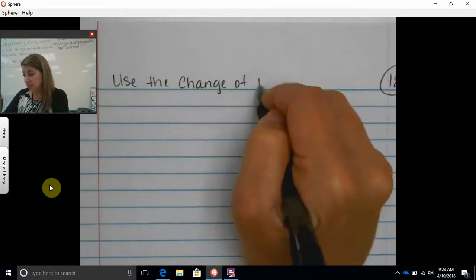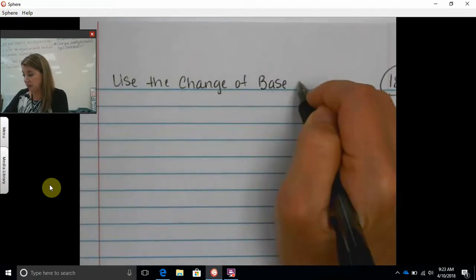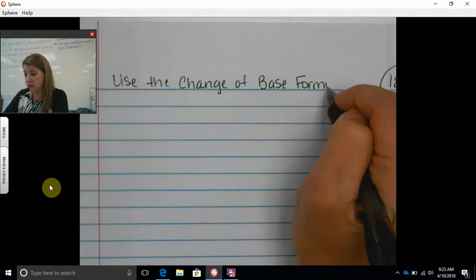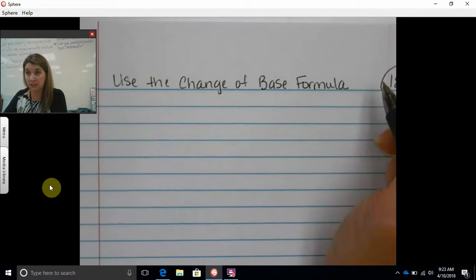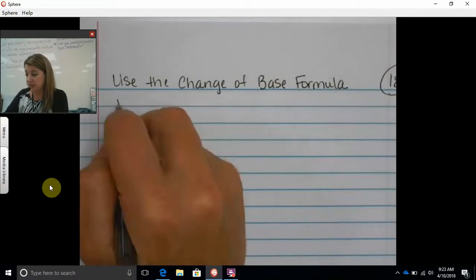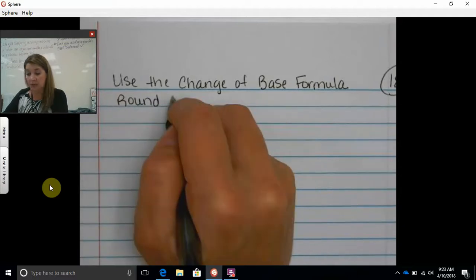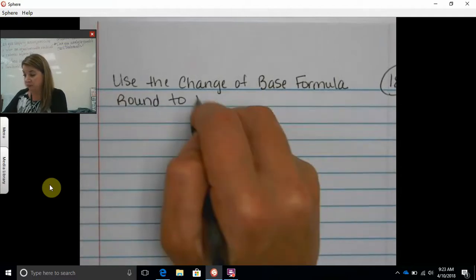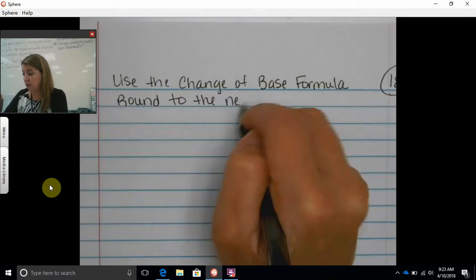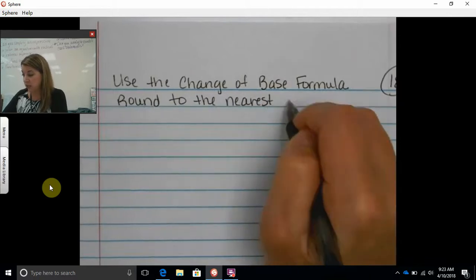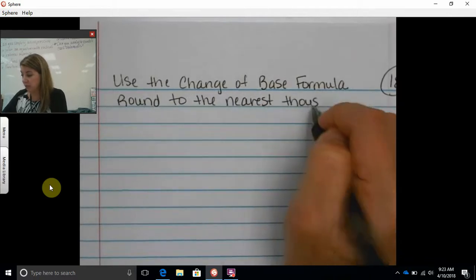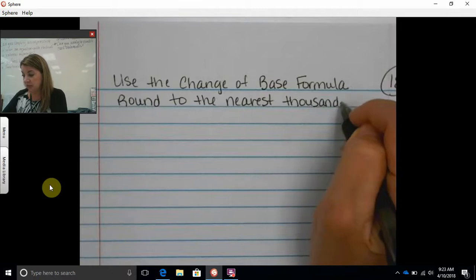It is a good idea to get your own graphing calculator. If you're going into pre-calculus next year, you are required to have a graphing calculator. If you don't have it, you don't take pre-calculus. So this summer, you might want to watch for sales, because they'll go down to about $90.